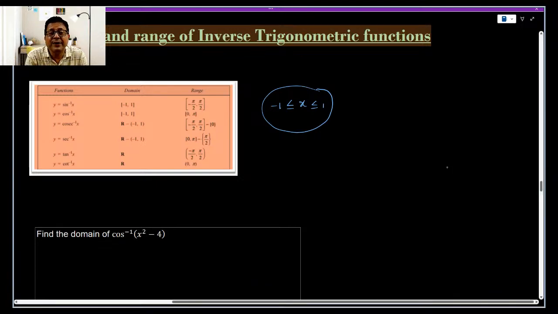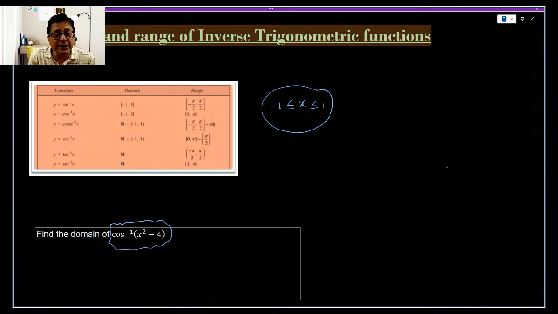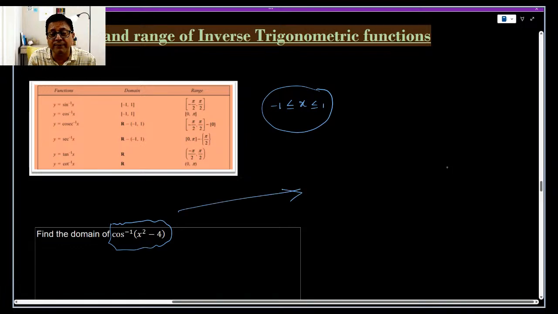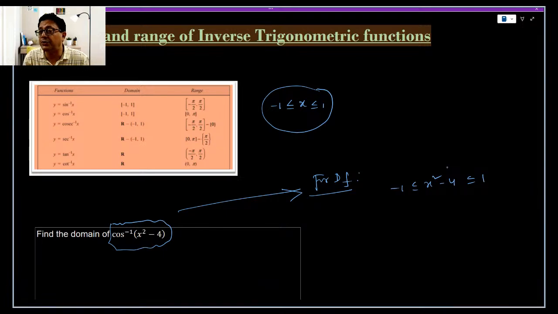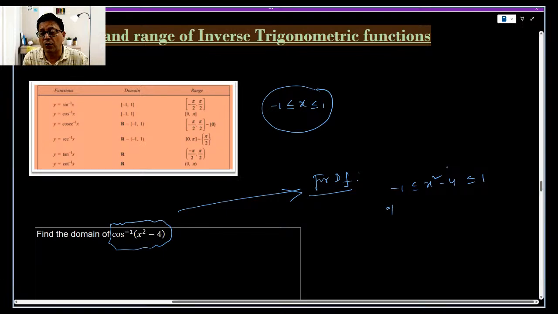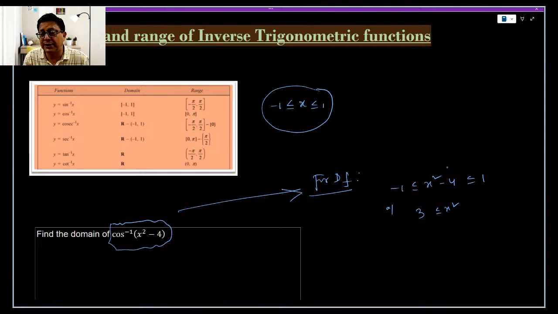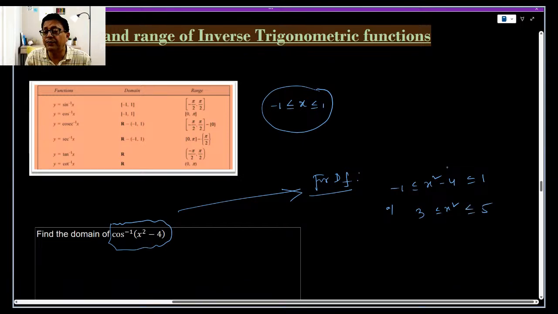X greater than or equal to -1 and less than or equal to 1. When the function is given in this manner, then x square minus 4, for this function, for domain, I have asked domain only here. For domain, the thing inside cos inverse will be greater than or equal to -1 and less than or equal to 1, or x square greater than or equal to 3 and less than or equal to 5.